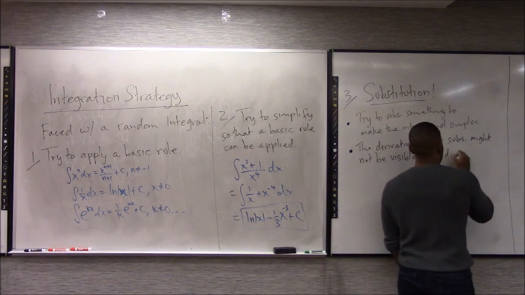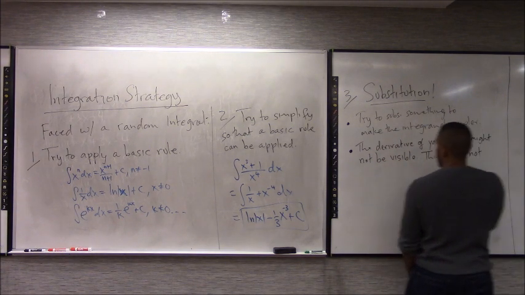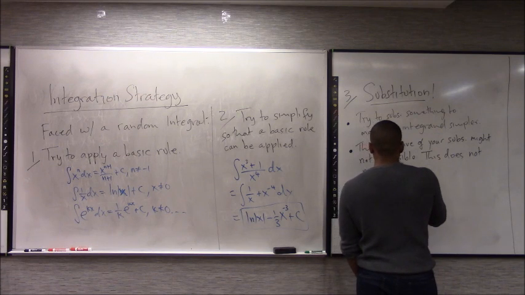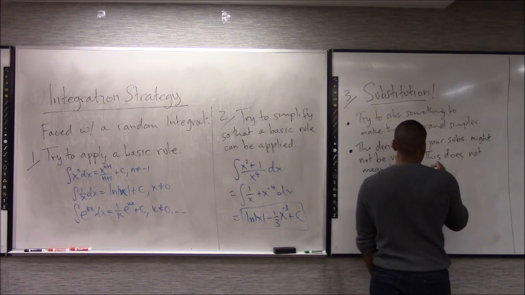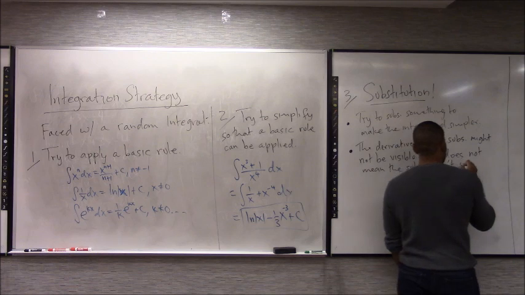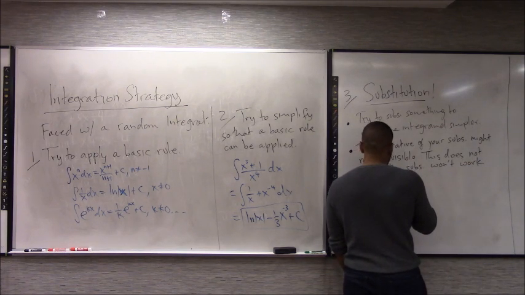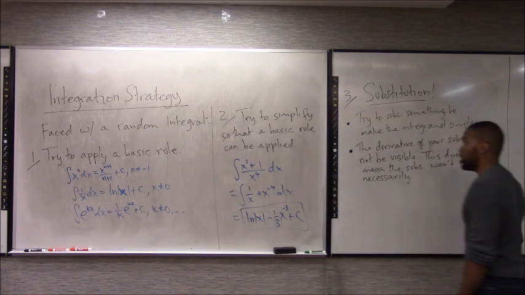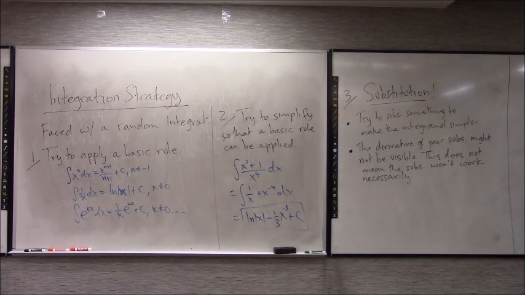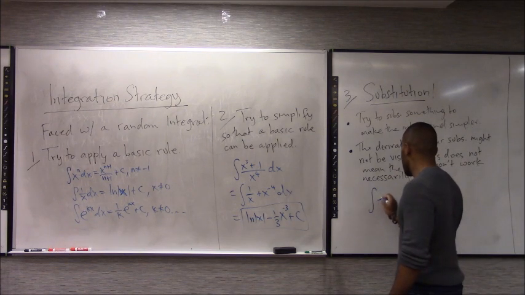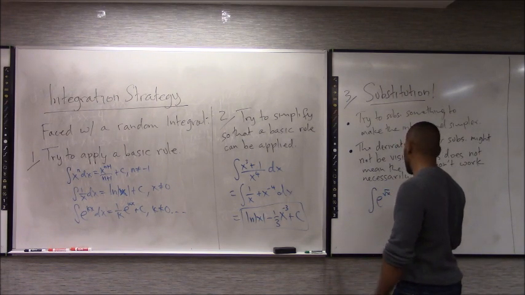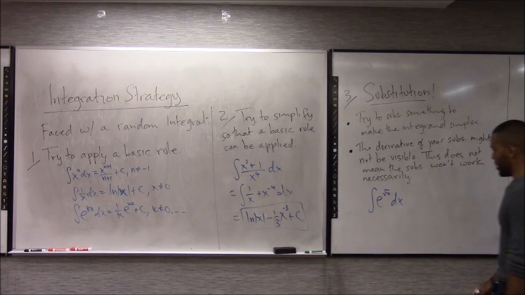This does not mean the substitution won't work necessarily. The substitution might not be the only thing that's going to get you to the answer, but it'll put you on your way. Typical example here, I don't know if this is typical, but the example that I came up with in my head just now.